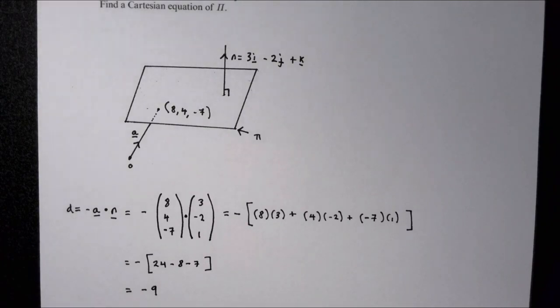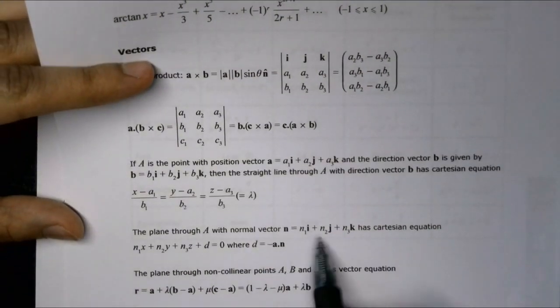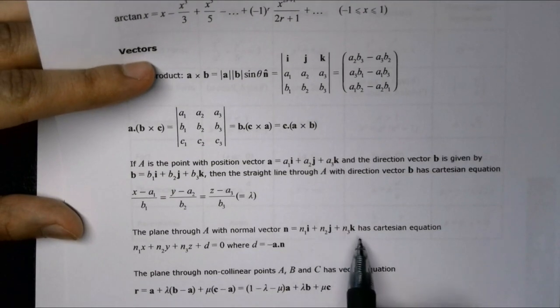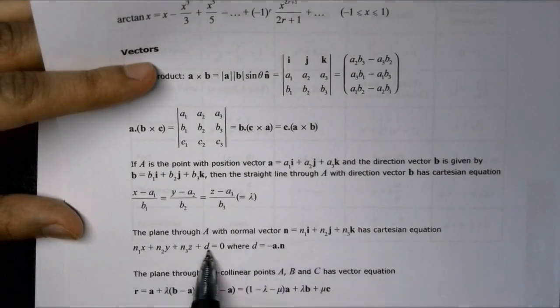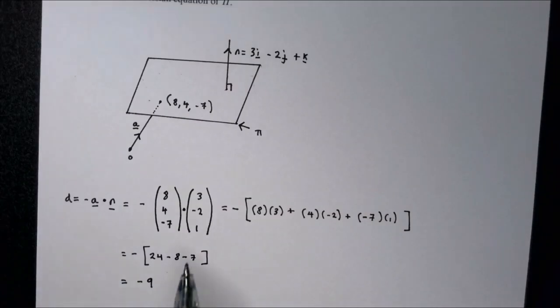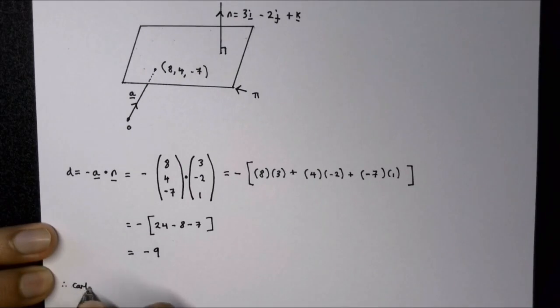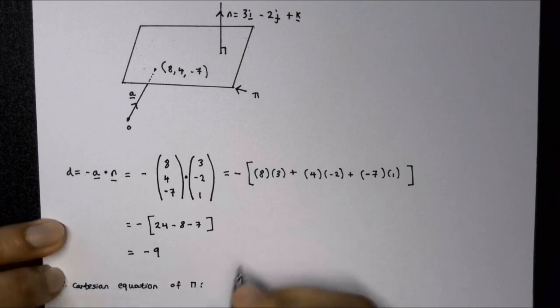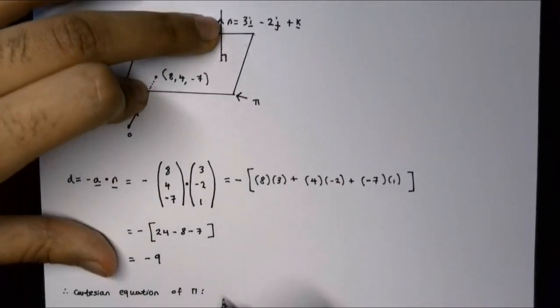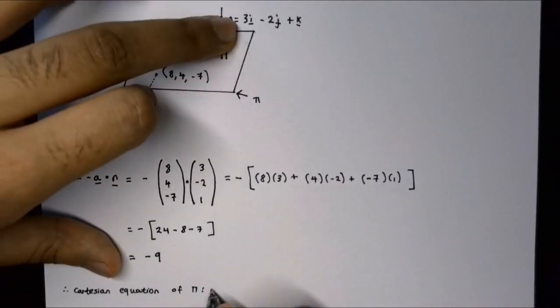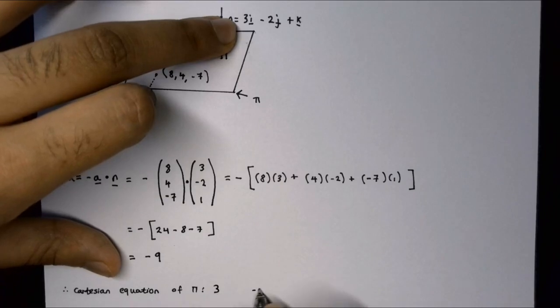So, having said that, if we go back to what we have in the formula book, with the coefficients of i, j and k, those will be the coefficients of x, y and z. So we can therefore conclude that the Cartesian equation of pi, well, if we take a look at what we have over here, the components of i, j and k, we've got 3, minus 2 and 1.